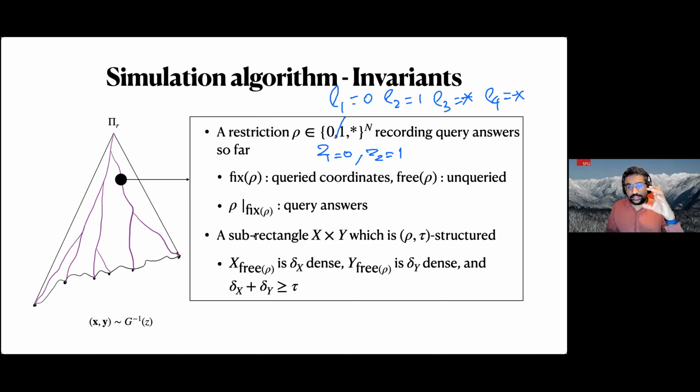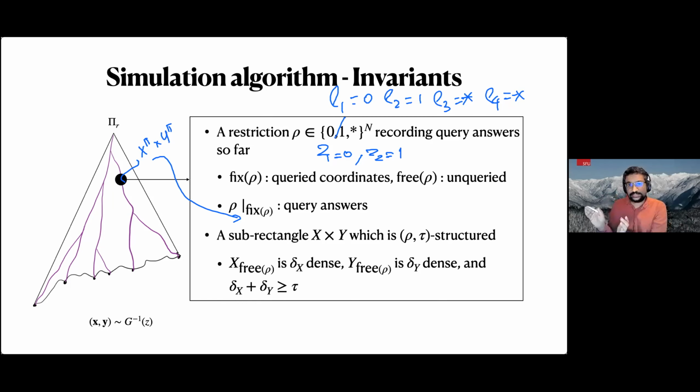We also maintain that we are always at a rectangle. This node has some associated rectangle, let's call it X_pi cross Y_pi. But we focus on a sub-rectangle of this X_pi cross Y_pi, which is rho-structured. What does that mean? It means we are only thinking about x restricted to the free coordinates of rho, the unqueried parts.